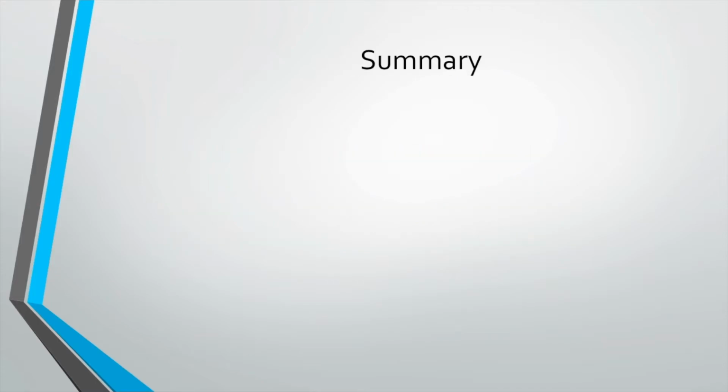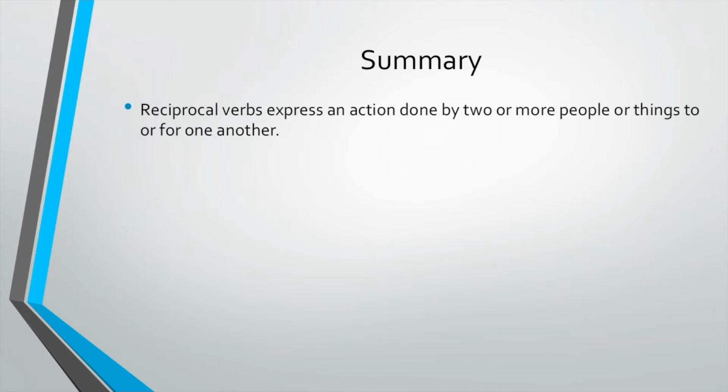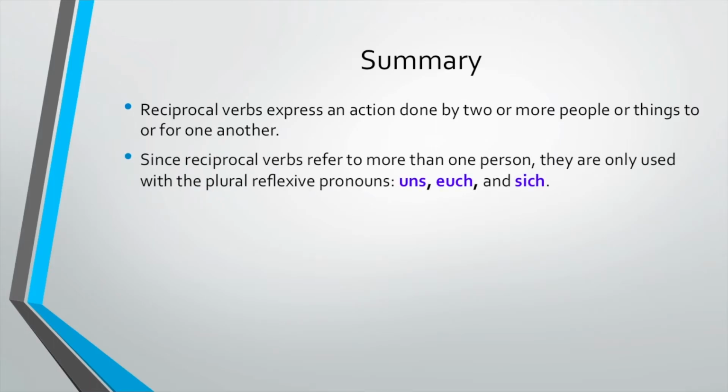Very good. Let's summarize what we went over today. So reciprocal verbs express an action done by two or more people or things to or for one another. And since reciprocal verbs refer to more than one person, they are only used with the plural reflexive pronoun uns, euch, und sich.